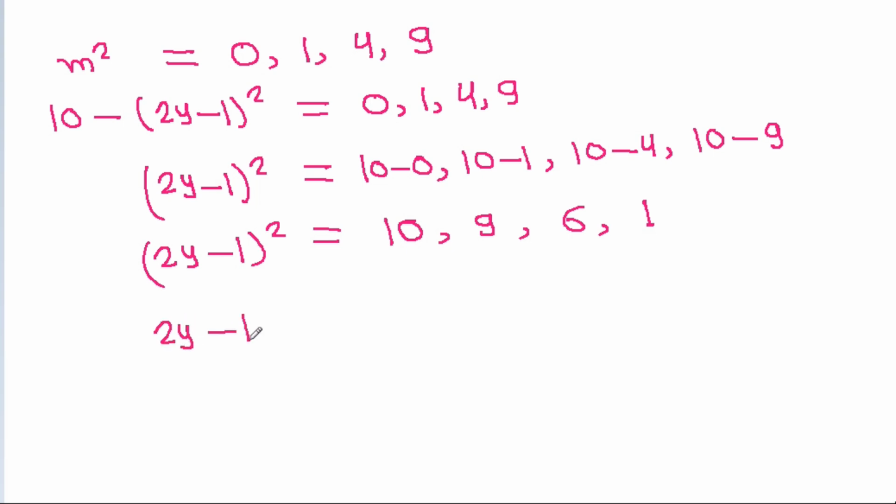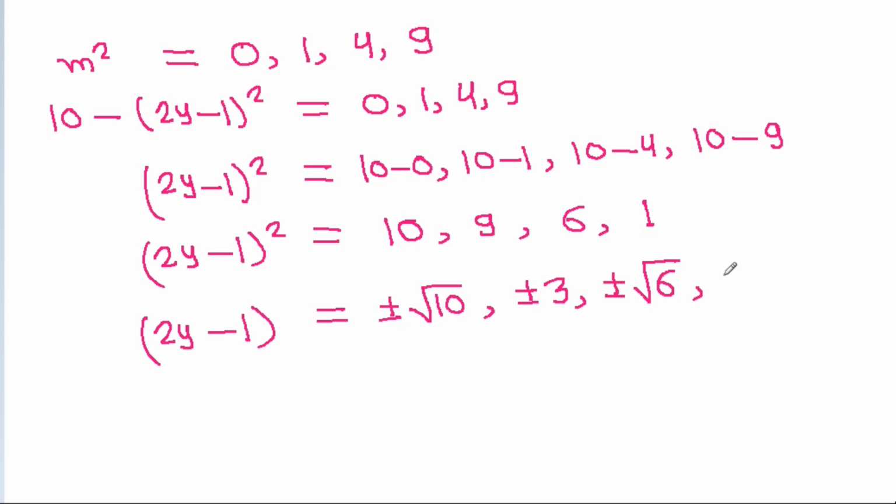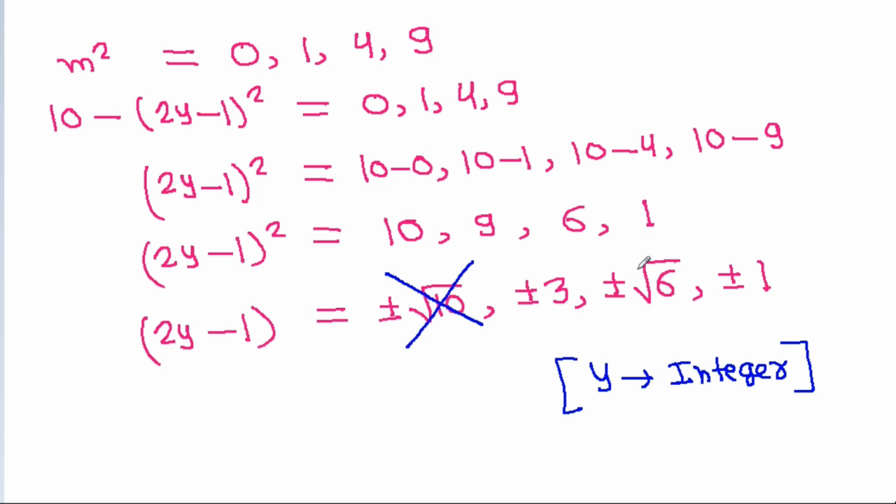So 2y minus 1 will be equal to plus minus square root of 10 and plus minus 3, plus minus square root of 6 and plus minus 1. And y is an integer, so 2y minus 1 cannot be equal to plus minus square root of 10 and plus minus square root of 6.